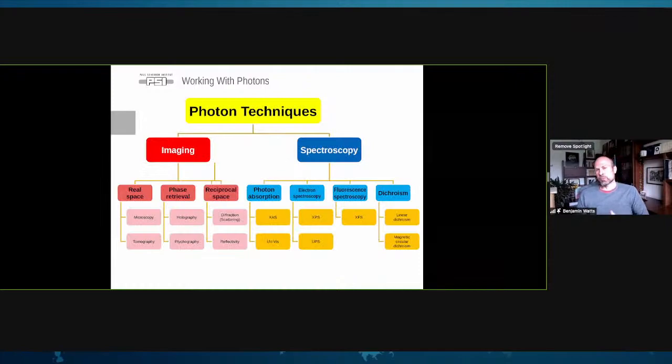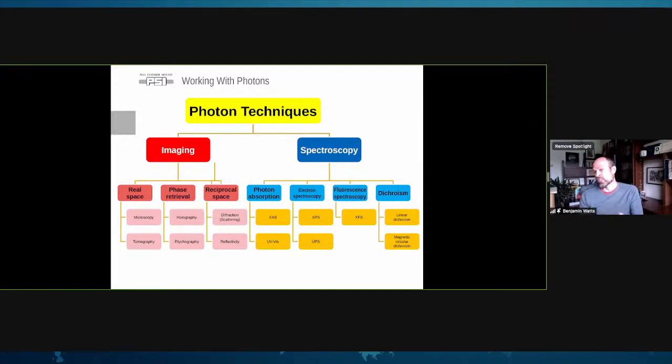So when you're working with photons, typically people just think in terms of either imaging or spectroscopy. But the reality is that you're always dealing with all of these things at the same time. They're always there in some way. It's just that perhaps you're trivializing them. So if you're using, say, an electron microscope and you're doing imaging, there is some spectroscopy going on, but you're trivializing it.